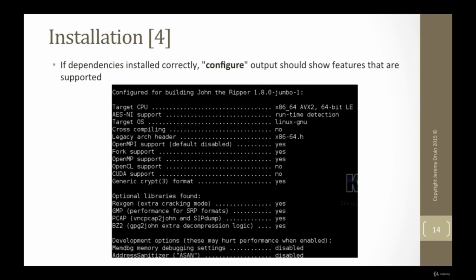When you're done, and this configure process can take several minutes depending on your system, you should get a chart output at the end that tells you which of the features were incorporated into your build and which were not. In my example, I have Open MPI and RexGen and a couple of other features that were enabled by downloading the different dependencies, but I do not have either of the GPU types supported.